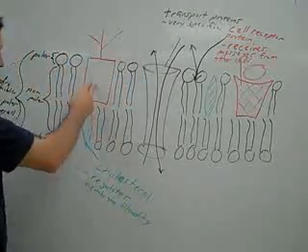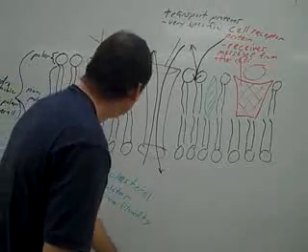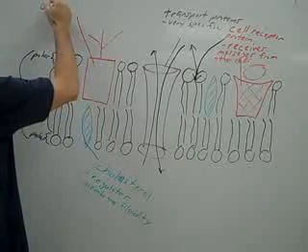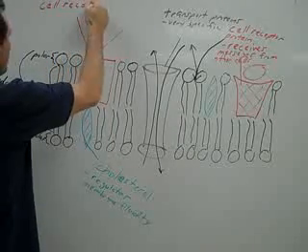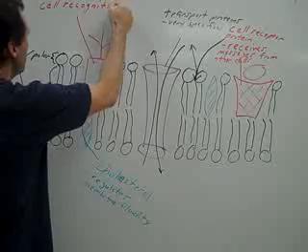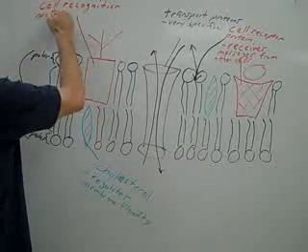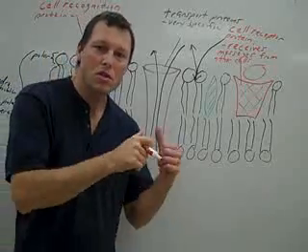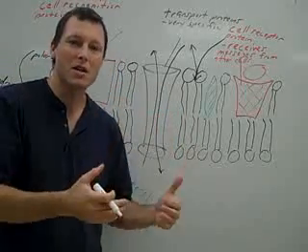Now the last protein we're going to talk about is this guy right here. This protein is referred to as a cell recognition protein. And like its name implies, it allows the immune system to recognize the cells of the body.